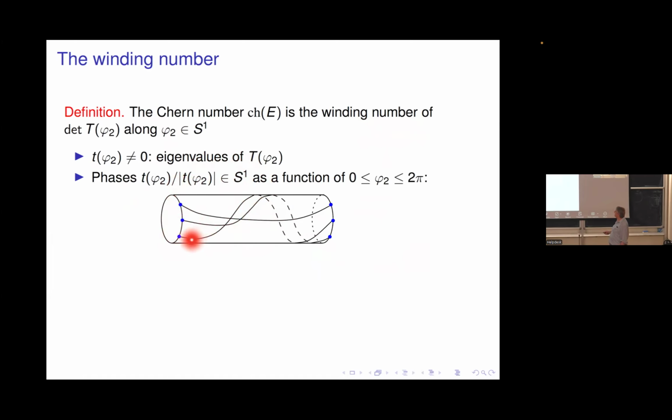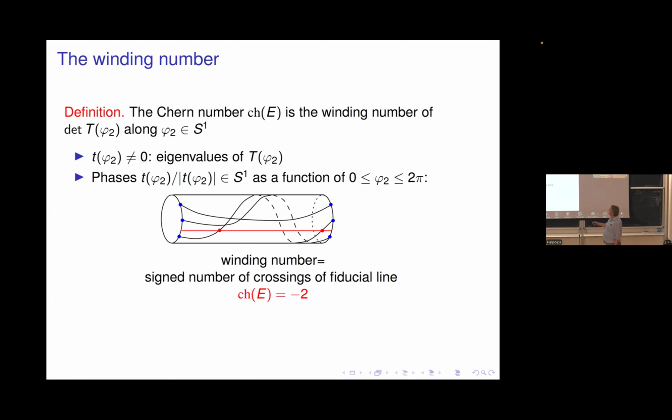If phi 2 moves, these eigenvalues move. To detect the winding number, we draw a reference line like the ones there, and you count the crossings, paying attention whether the crossing is in the clockwise or counterclockwise direction. So you see here 2 crossings, and if you check the sign, there would be minus 2 crossings. So a bundle that provides eigenvalues like for a transition matrix like this one would have Chern number minus 2.